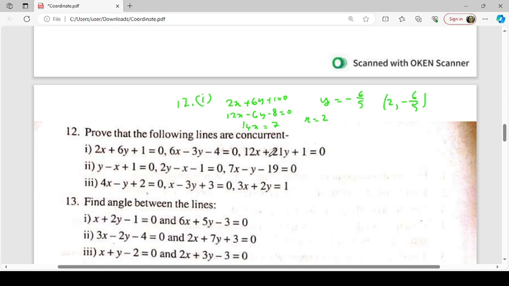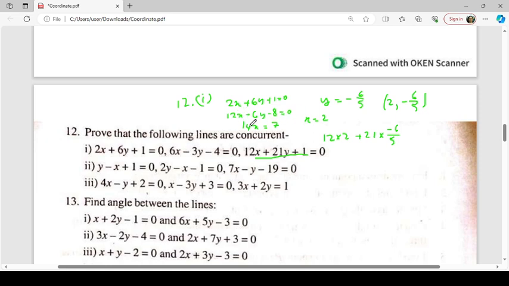If in this equation we write x equal to 2, then it is 12 into 2 plus 21 into minus 6 by 5. 12x minus 6y minus 8 is equal to 0.